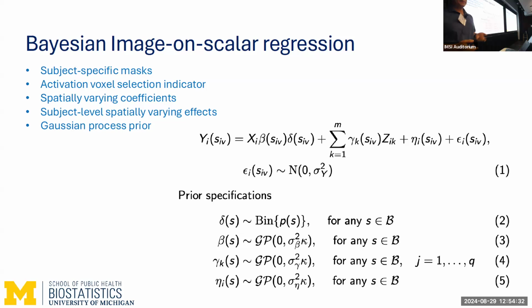So we go with this Bayesian image-on-scalar regression. We have a subject-specific mask, an activation voxel selection indicator, a spatially varying coefficient, and we also take into account subject-level spatially varying effects. And we assign a Gaussian process prior. The model itself seems complicated, but if you have a small data set, the full Bayesian computation is actually quite straightforward.